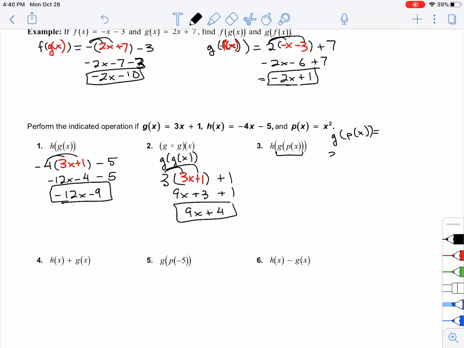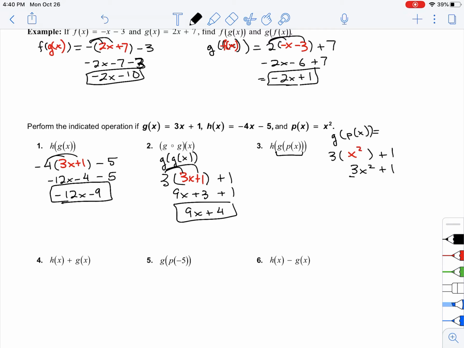So g of x is 3 and p of x is x to the second power. So 3 times x to the second power is 3x squared plus 1. So that's g of p of x.